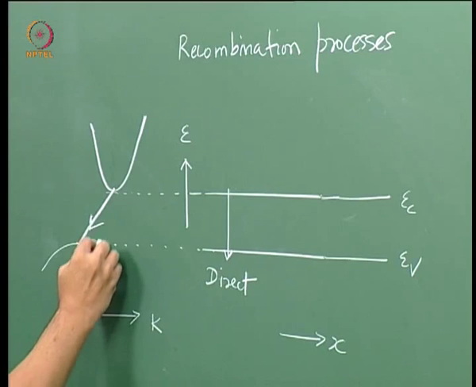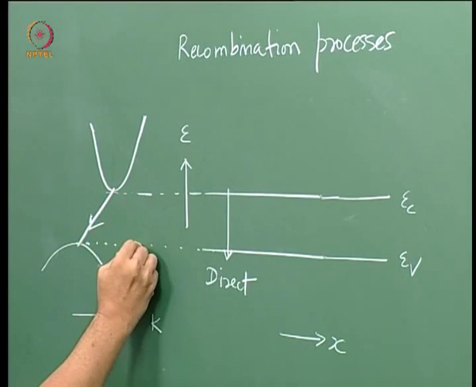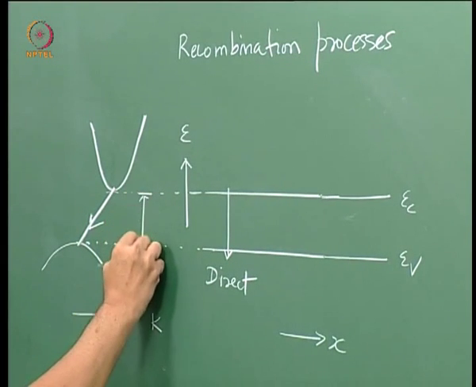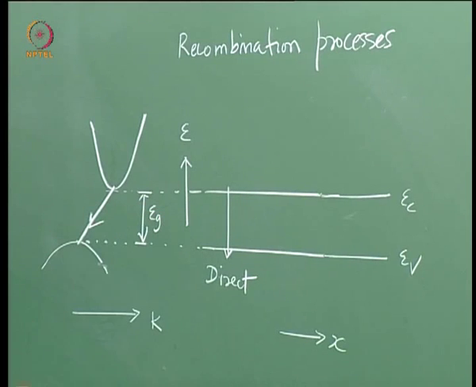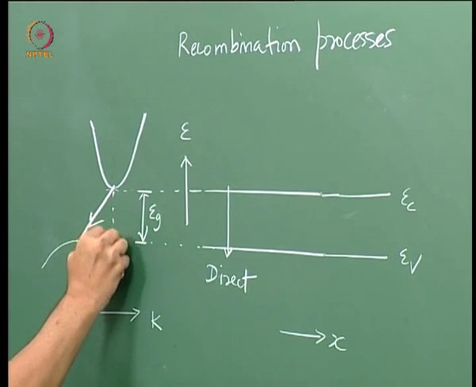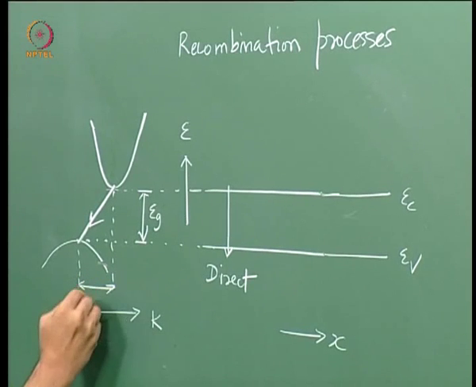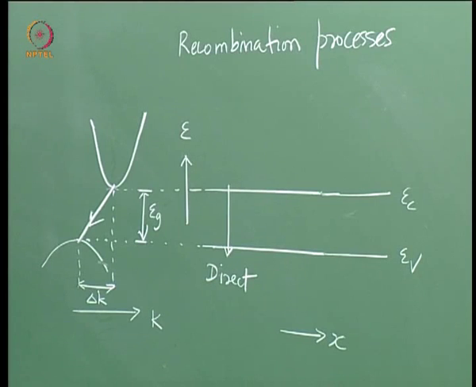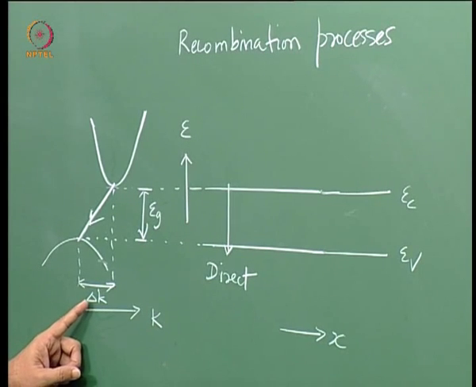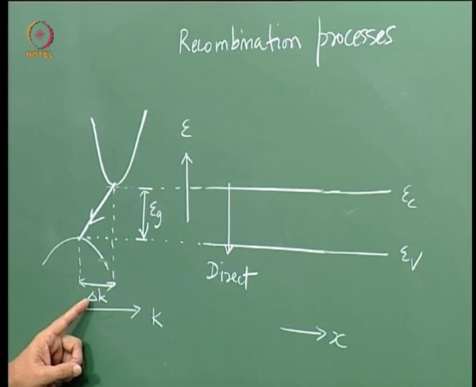This means the electron undergoes a change in energy equal to energy gap, and at the same time it undergoes a change in momentum, crystal momentum, represented by delta k. So actual change in momentum, crystal momentum would be h cross delta k.